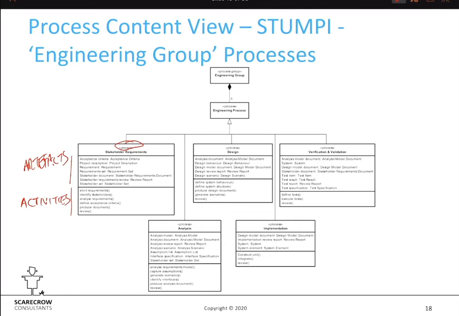Now, what you can do on here to take it to another level, and we generally do it when we model full proper processes, is mark the artifacts with a stereotype as being in.